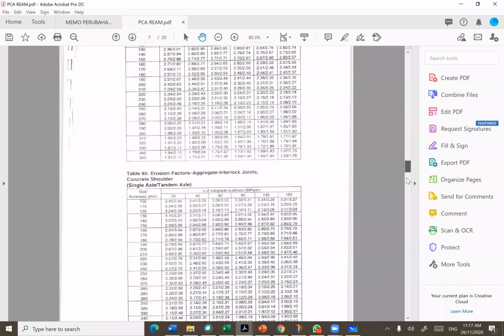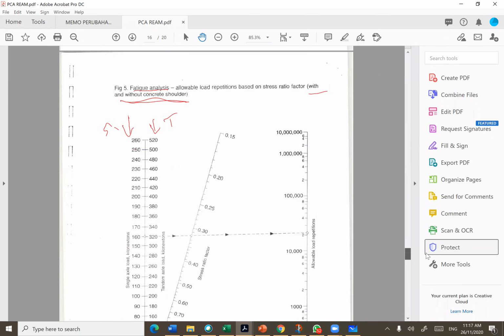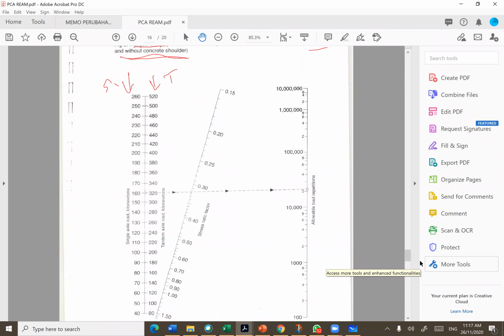Okay, so go back to your figure 5 just now. You need to draw a line also. It's given to you, it's already drawn for you. For 160, you go to the stress ratio factor, which is 0.32, draw a line, extend the line up to the right side and read the value here.